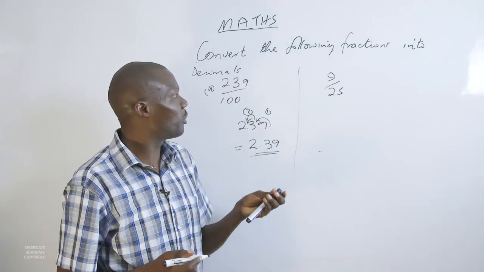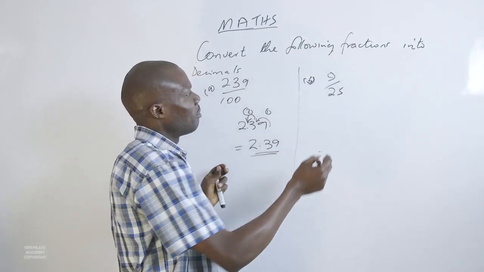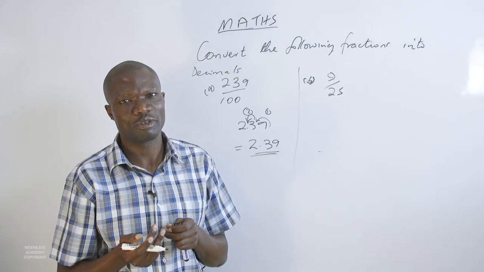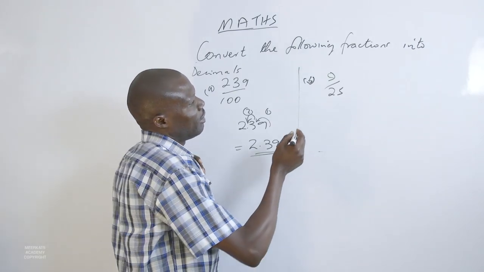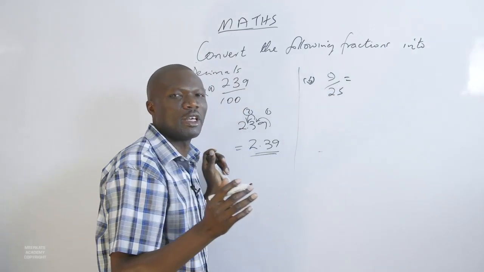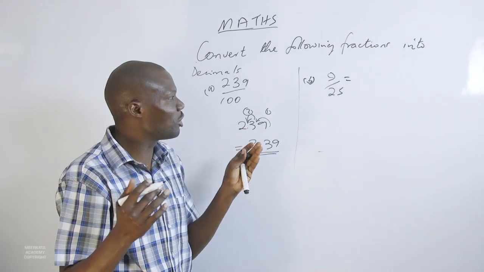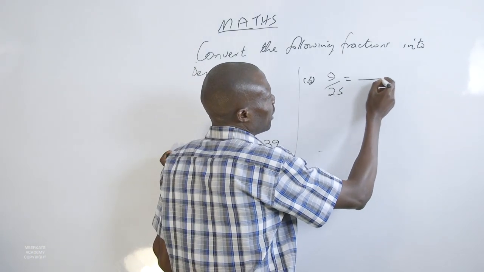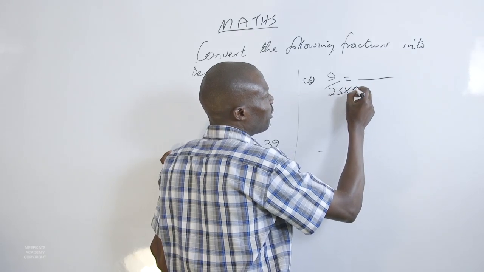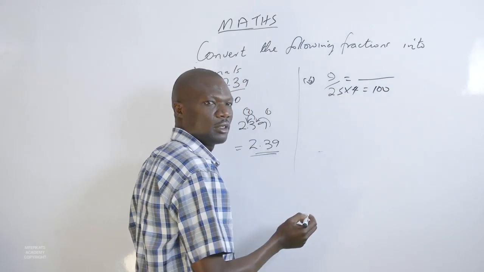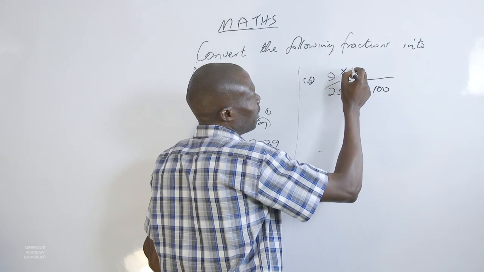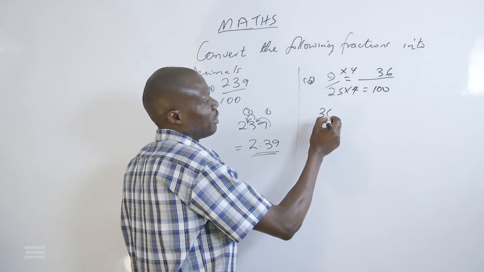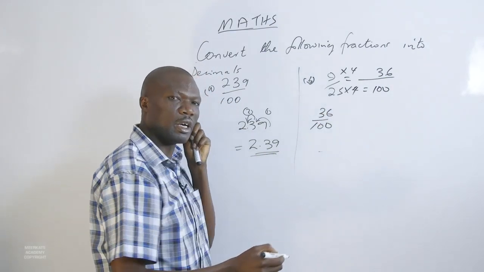Now, for the second one, you notice that it does not have its denominator as a power of 10. So what happens here? First, let us come up with an equivalent fraction whose denominator is a power of 10. For this case, we shall multiply here by 4. We shall get 100 here, right? Multiply the numerator by 4. You will get 36. Now we have 36 over 100.